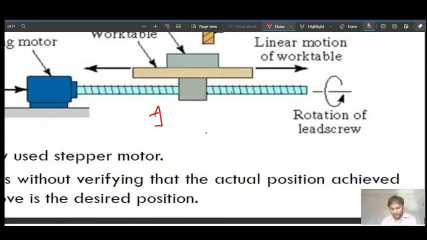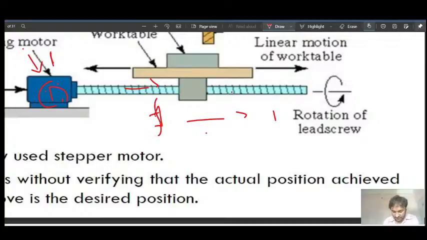Okay, so if we get one pulse here, motor drives one step angle. Okay, so one step angle to the motor, correct. Here I am talking one pulse, it is given to the motor, and step angle one, motor moves by one step angle.